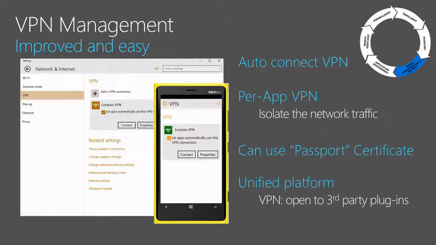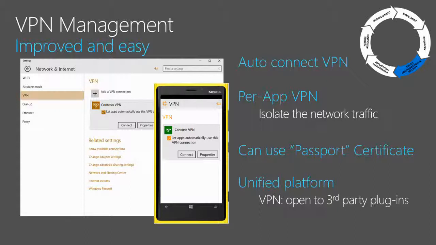And another important thing: in Windows 8.1 desktop and Windows 8.1 phone, we were using different applications for the VPN plugins. For the VPN plugins that we now have for Windows Phone, if you, for example, look at Cisco AnyConnect or F5 or Juniper, they now only have to develop one universal app, because we can now use that universal app across all the different platforms.